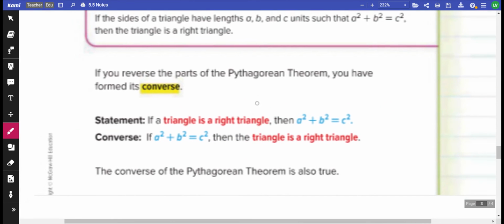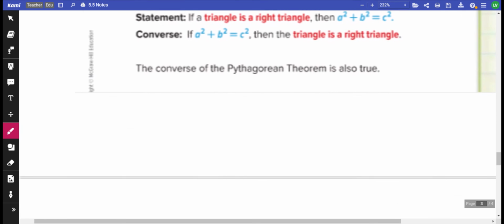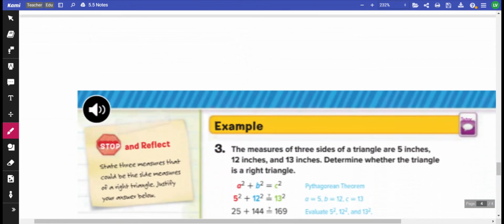If you reverse the parts of the Pythagorean theorem, you have formed its converse. If a triangle is a right triangle, then a squared plus b squared equals c squared. The opposite, the converse: if a squared plus b squared equals c squared, then the triangle is a right triangle. So the converse of the Pythagorean theorem is also true.